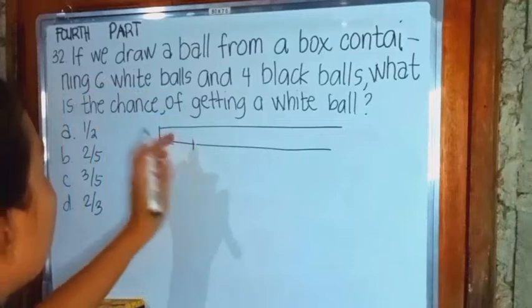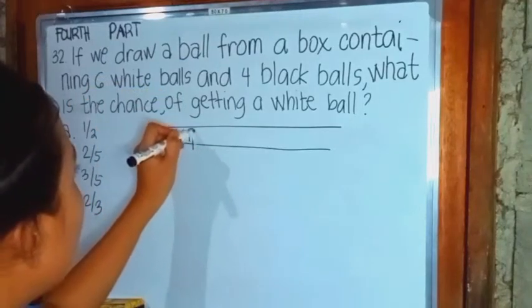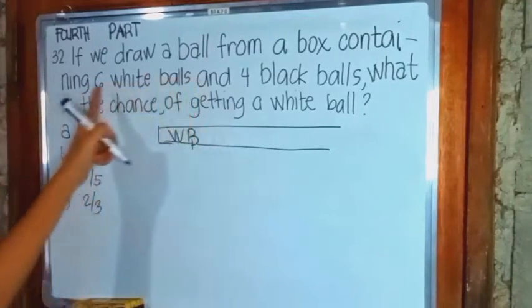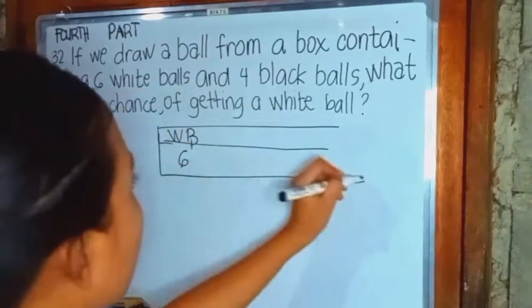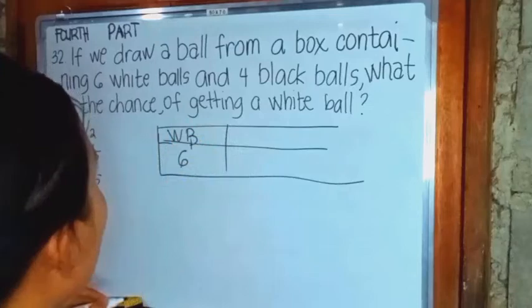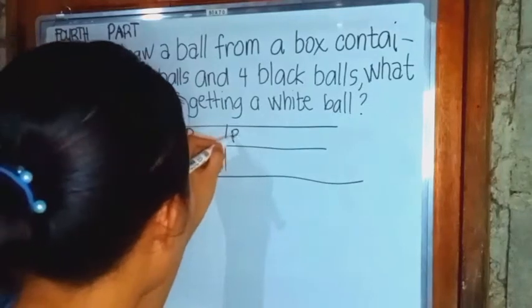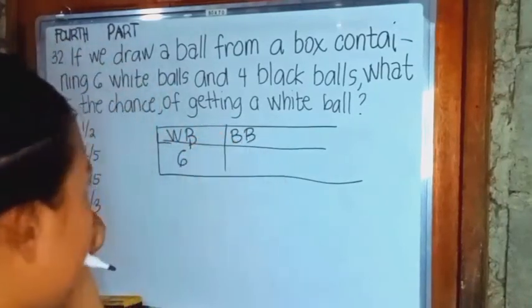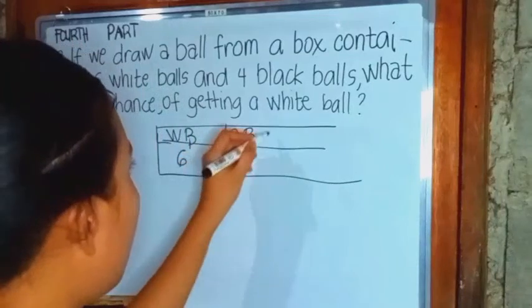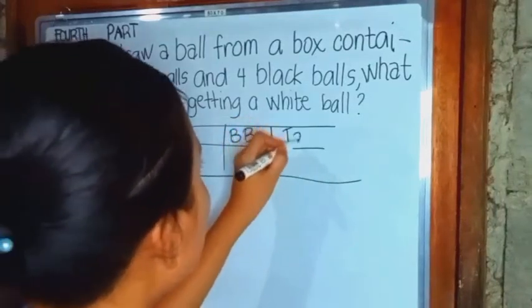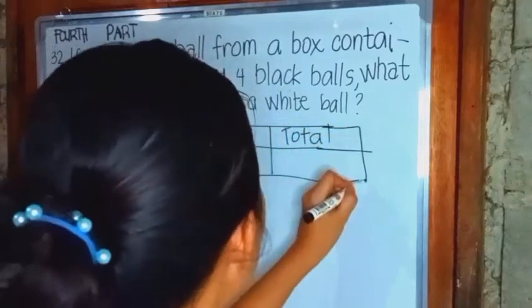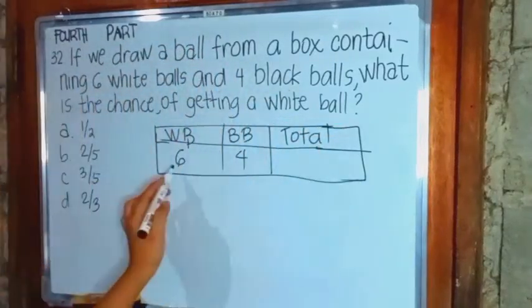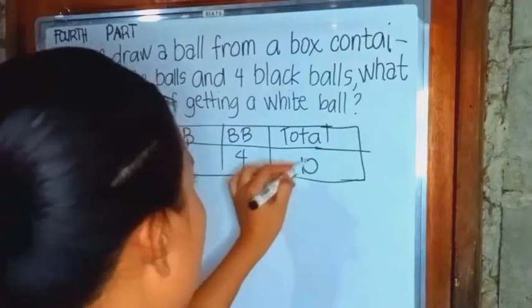White balls, or WB, is 6, and the black balls, or BB, is equal to 4, and the total, if we add the white balls and black balls, is 6 plus 4, that is 10.